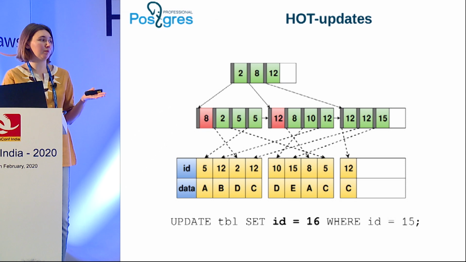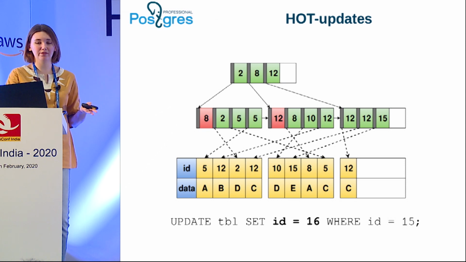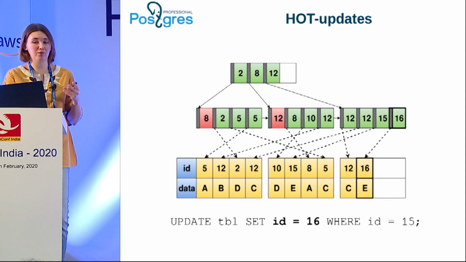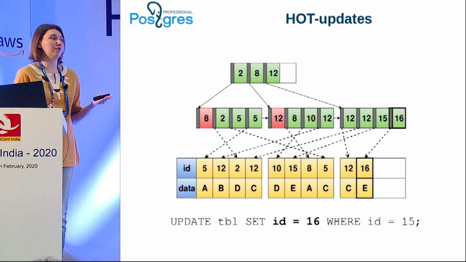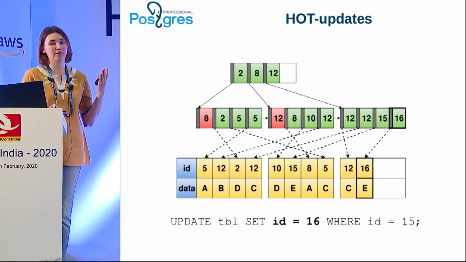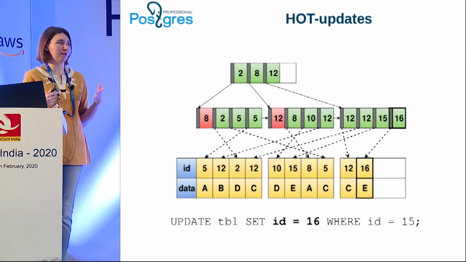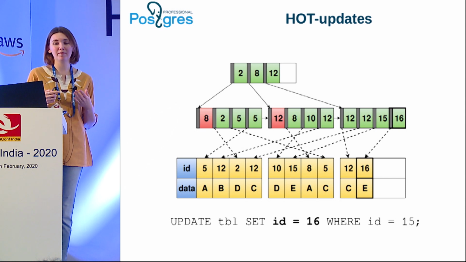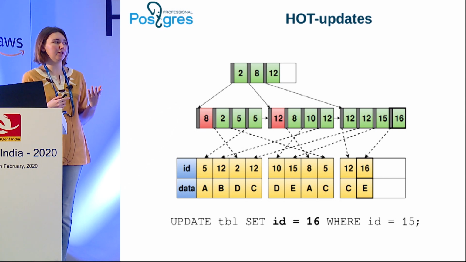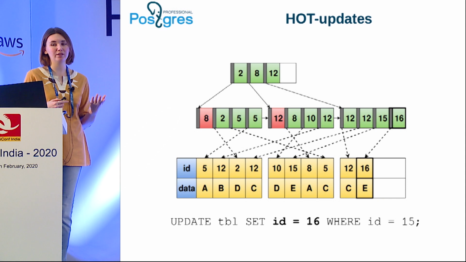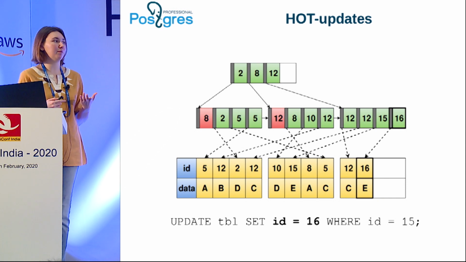So let's say we want to update field ID. When we update the key, a new tuple is inserted into both table and index. This is pretty much obvious. We cannot optimize it anymore. But if we do not change the value of the indexed column, the new index entry will be redundant.